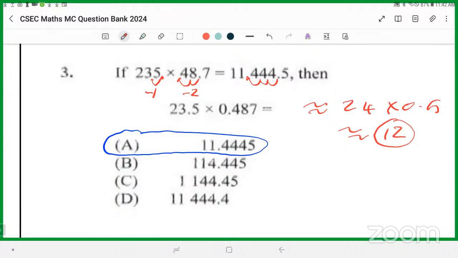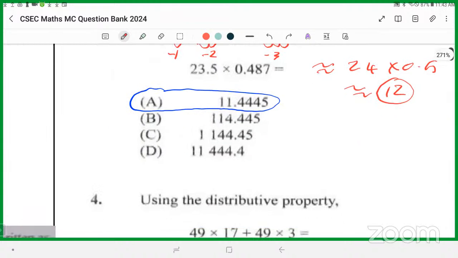So the answer is the one where the decimal point is right here. See there? It's another way to look at it. You don't have to waste time working these out, guys.